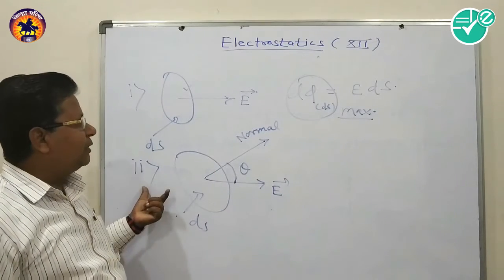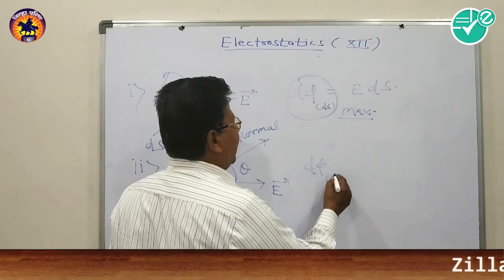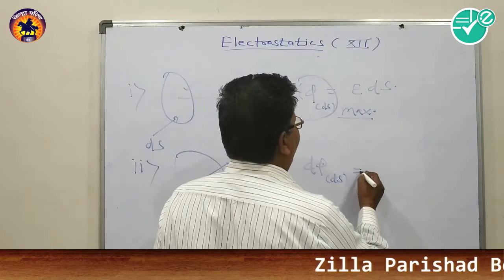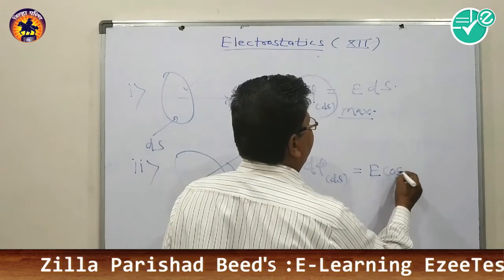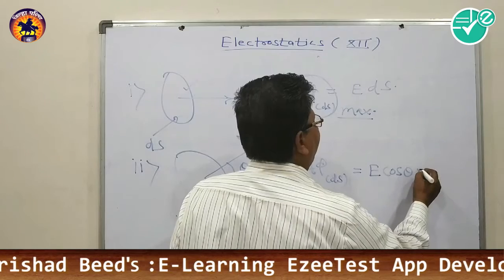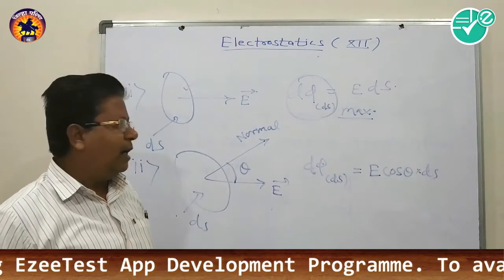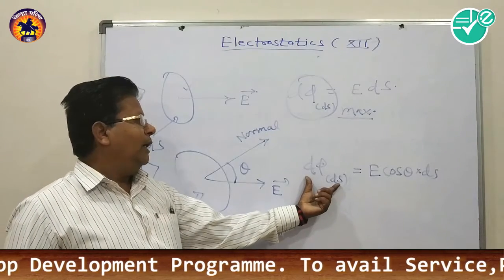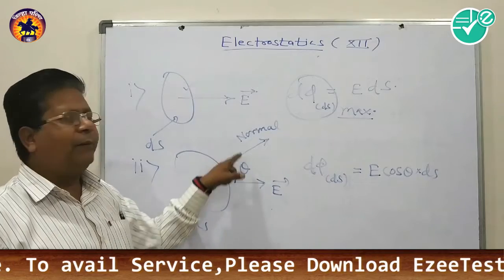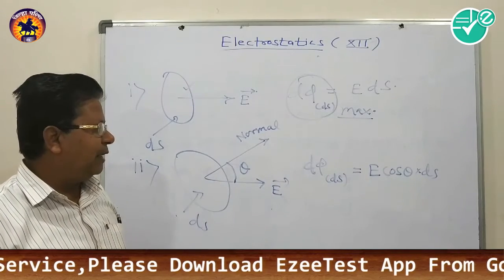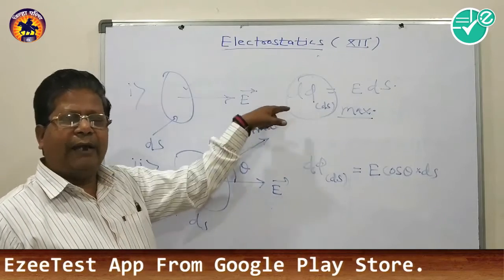In this case, the electric flux d phi over area ds is given by the component of electric intensity, which is E cos theta, multiplied by ds. So E ds cos theta is the value of electric flux through area ds when area ds is not perpendicular to the direction of electric field, in which theta is the angle between electric field intensity and normal drawn to the area ds.